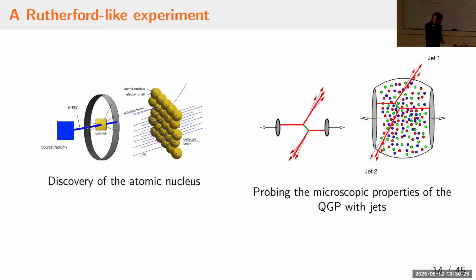So you can view the study of jets in heavy ion collisions as some kind of Rutherford-like experiment. We are shooting a probe through the quark-gluon plasma, and then by observing the recoiling particles, or the final products of this interaction, we want to infer the properties of the matter that has been probed. And this is somewhat akin to the Rutherford experiment, where we shoot energetic alpha particles through a foil of gold.